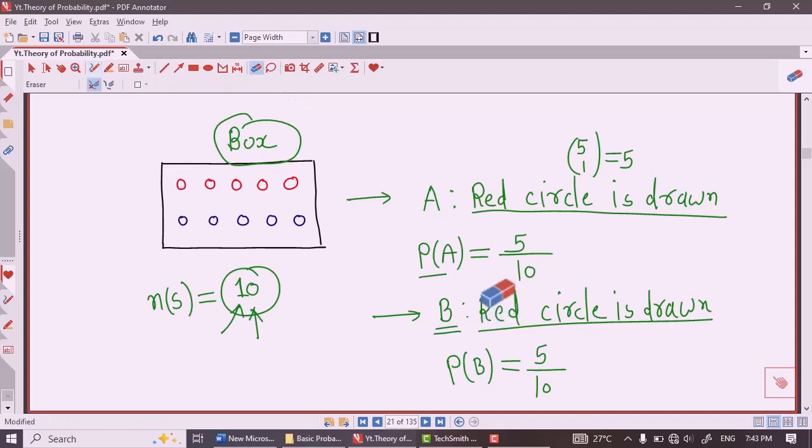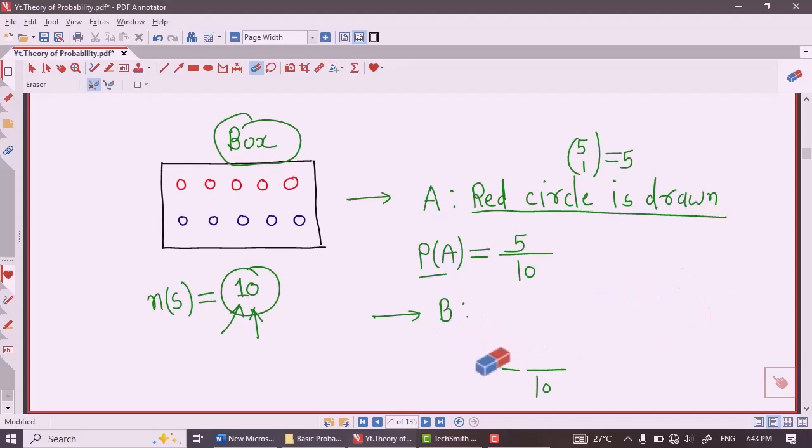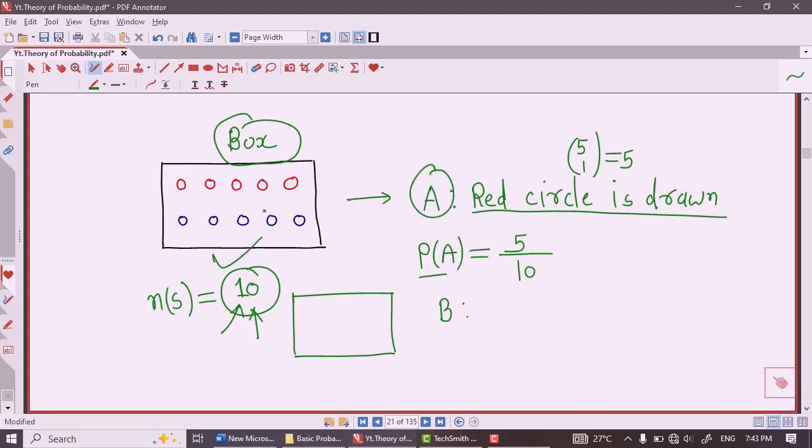Now suppose that after performing event A, that is, after selecting one circle out of 10 circles, we do not put it back into the box. Whatever circle we draw from these 10 circles in the first experiment, it can be a red or blue circle, and we do not put it back into the box. Then the number of circles in the box will be 9.